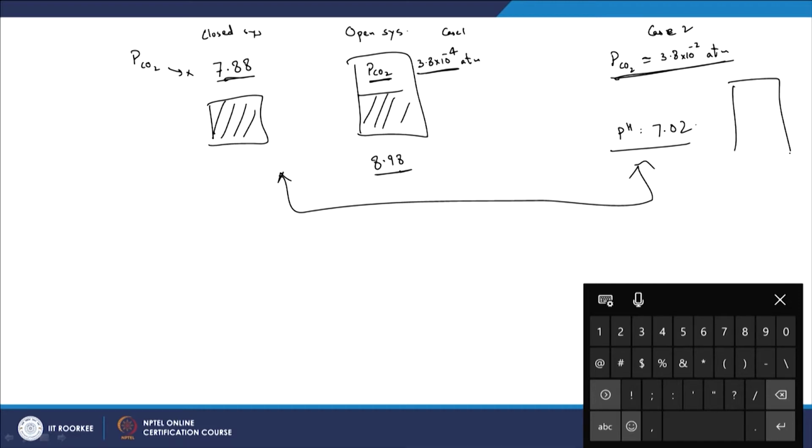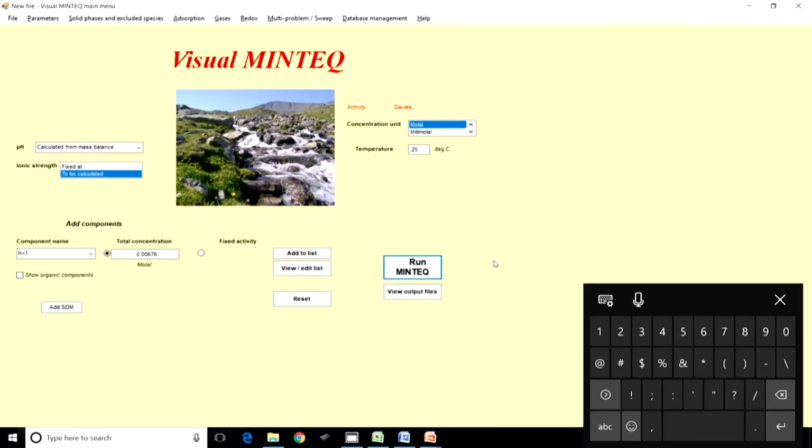It means that CO2 entered the system, H2CO3 was formed, and that is why the pH fell. In the other case, the CO2 left the system. That is the difference between the pH of 8.98 and the pH of 7.02.